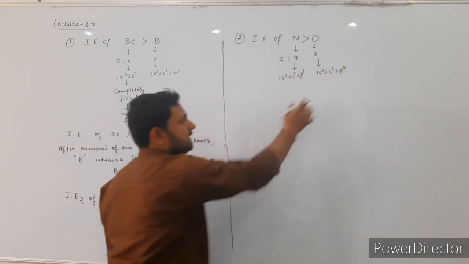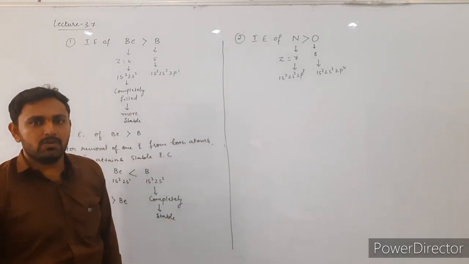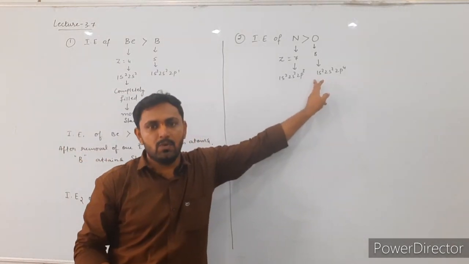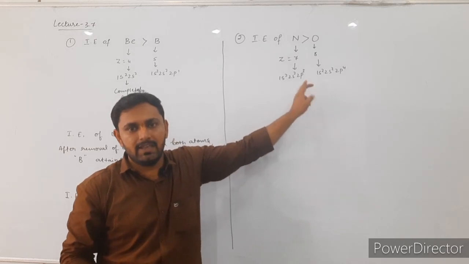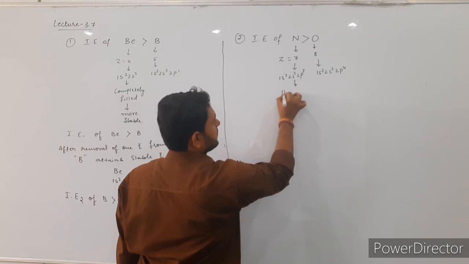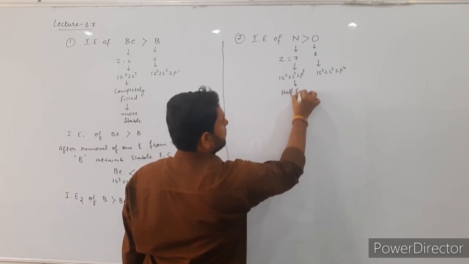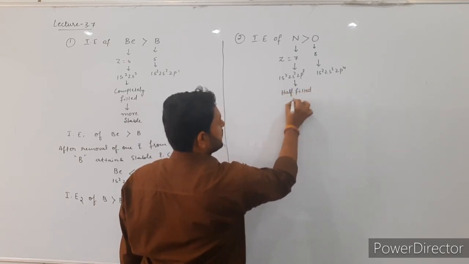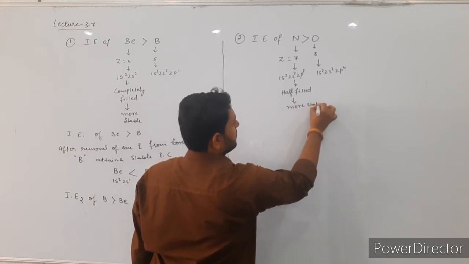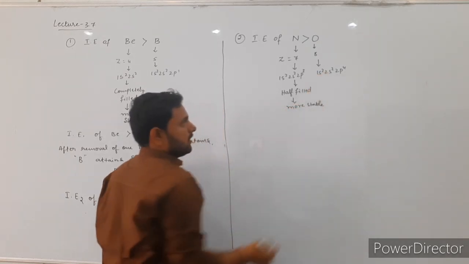Now tell me, between these two electronic configurations, which is more stable, p3 or p4? p3 is more stable. Why? Because it is half-filled electronic configuration. That's why it is more stable than oxygen.